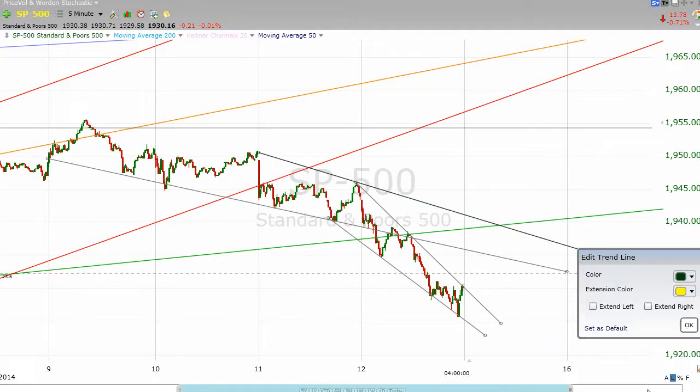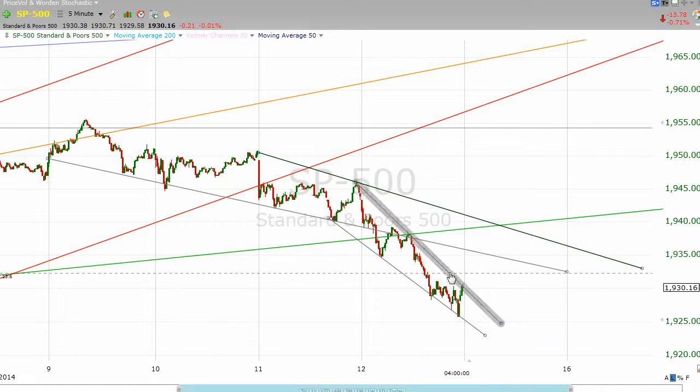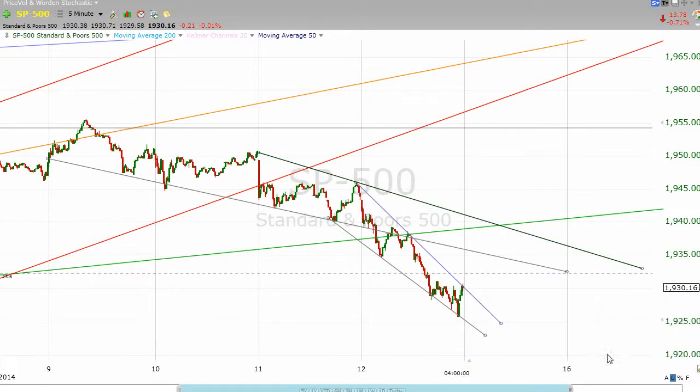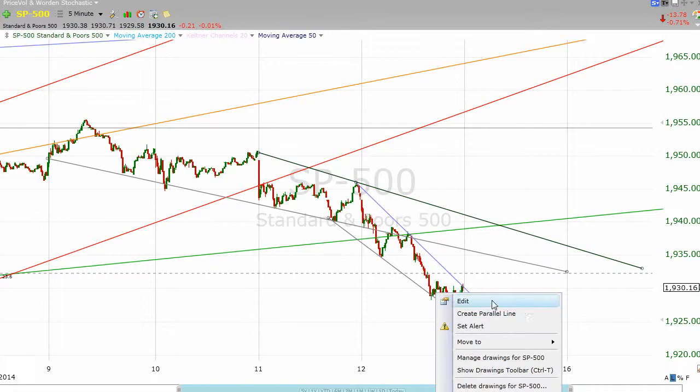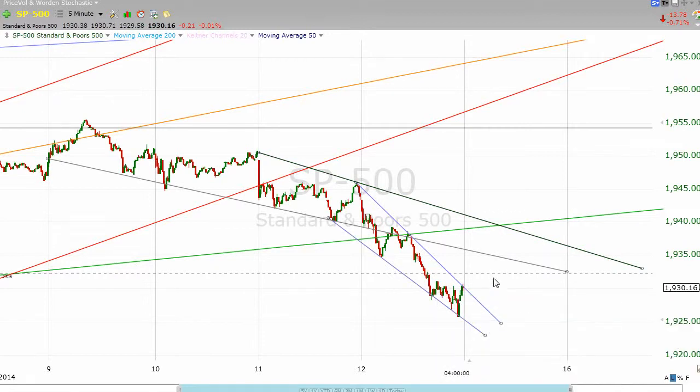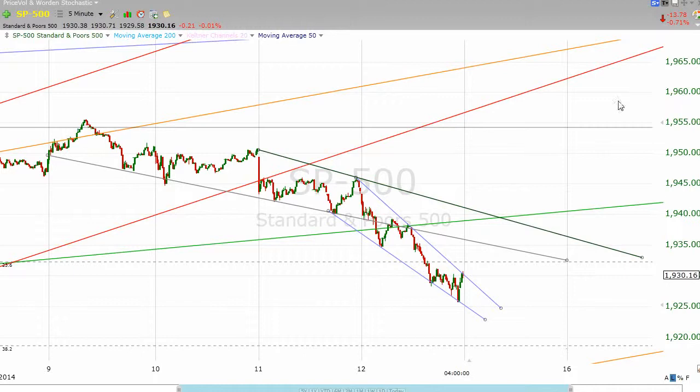Let's make them dark green. I'll make this one blue because it looks like a descending sort of wedge. So guys, let's see if we can start to firm up, find a bottom somewhere down around here, and then turn it back around and head back up for 1990.